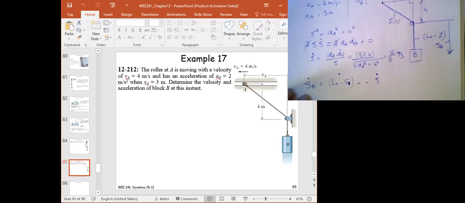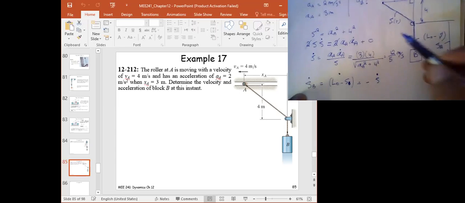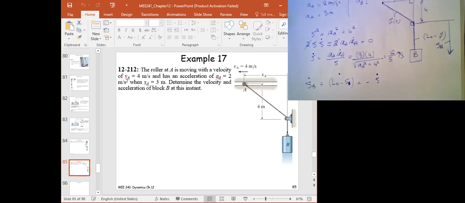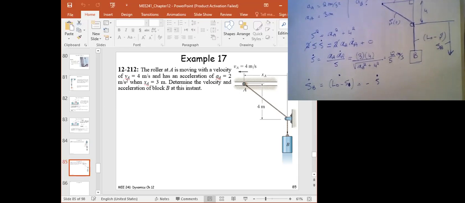Okay. All right, guys. So now let us find the acceleration. How can I find the acceleration? Can someone help me out? If we do the derivative of the second equation. Bravo, the derivative of our second equation, exactly.